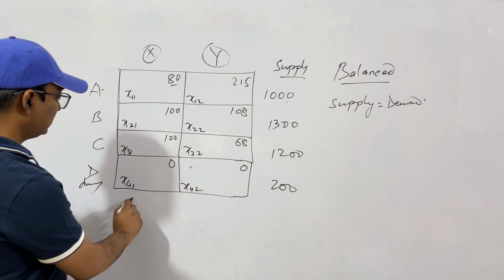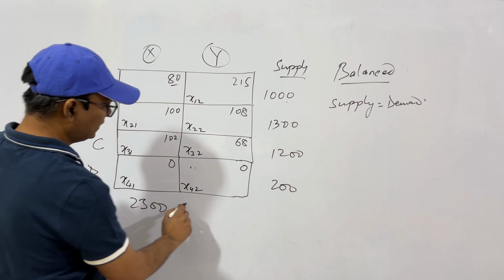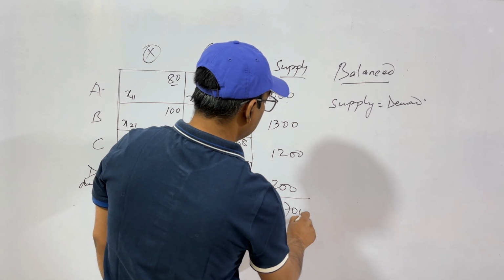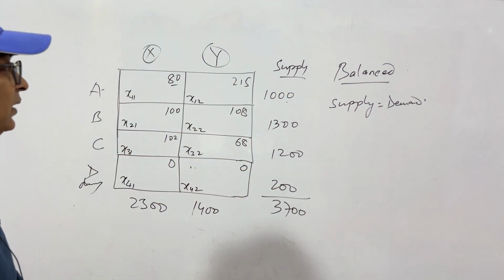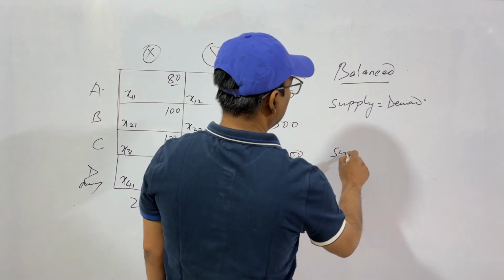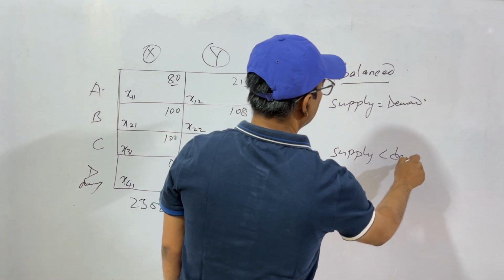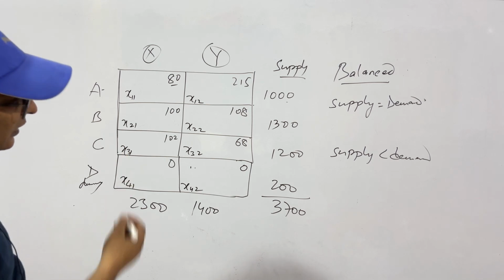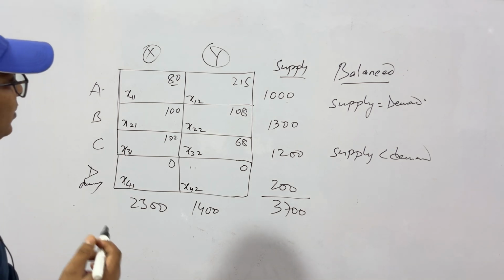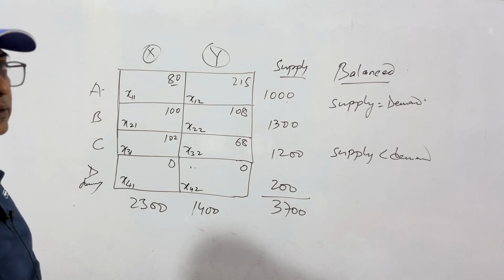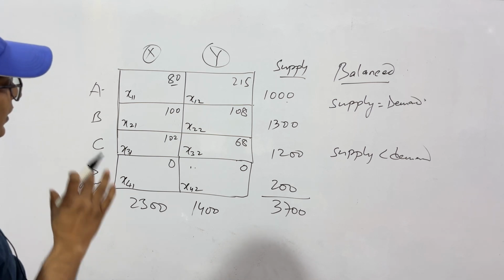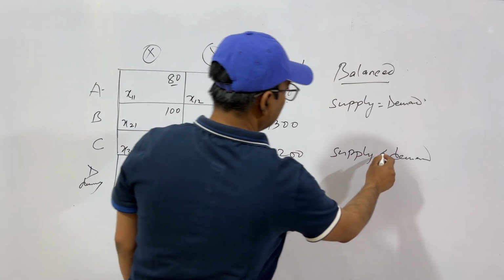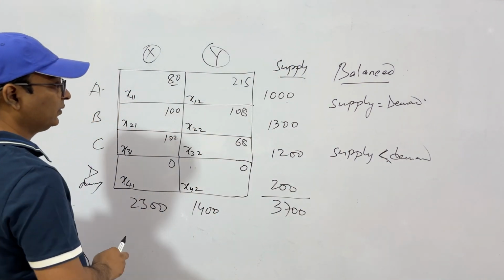Now this was 2300 and this is 1400, so 3700 and this is 3700. So we created a dummy supply unit when the supply was less than demand, for balancing the model. How we'll use it and how we'll minimize that is another issue. We'll look at it later on. For the time being, you should understand, if the supply is less than the demand, we create a dummy supply unit.